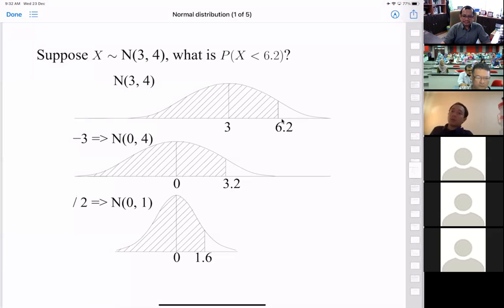I hope when I explain this, you can relate to your actual case. If you have data, you have your mean and your standard deviation that you calculate from your data. Then you want to do the probability test because you want to set your KPI, or maybe set your promise to customer.